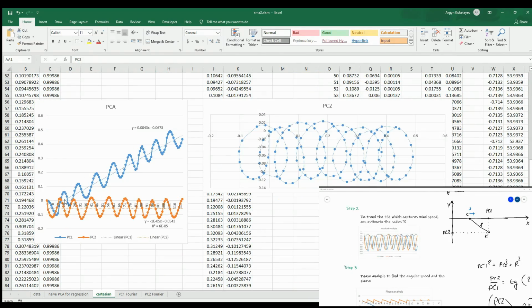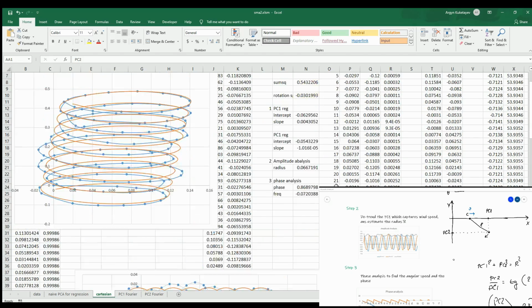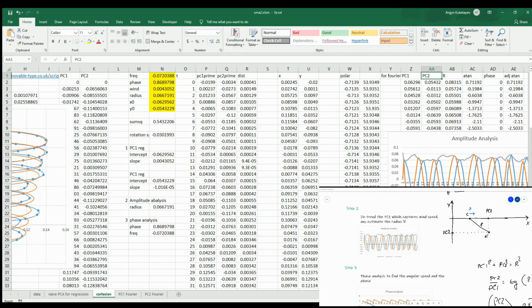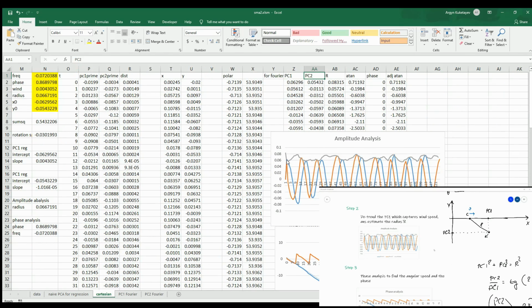So basically you remove the linear slope, and then it becomes your new PC1. And once you have PC1 and PC2, if I draw them over time, they show as a typical rotational sine wave. So if you work with signals, you would see the sine and cosine, or imaginary and real parts.